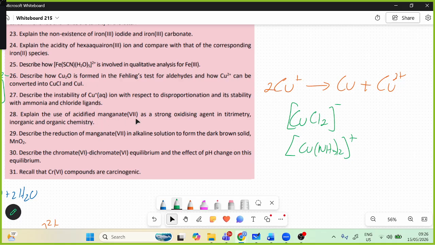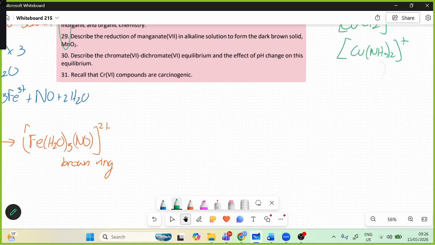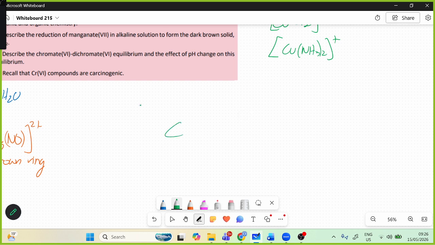Now, explain the use of acidified manganate as a strong oxidizing agent. This will always give Mn2+ unless it is alkaline. With questions 20 to 29, you've been doing them. I hope you know Mn2+ if you're using acidic, MnO2 if you're using alkaline.